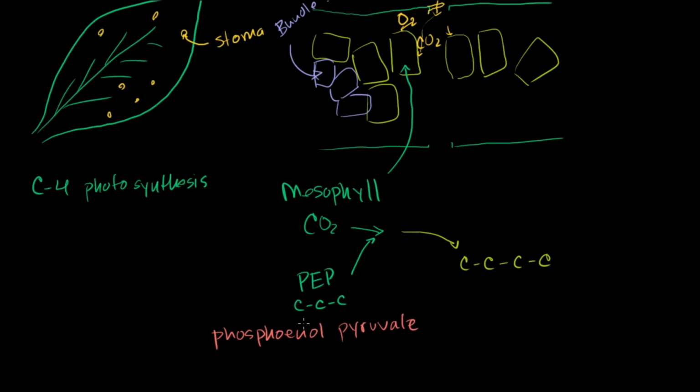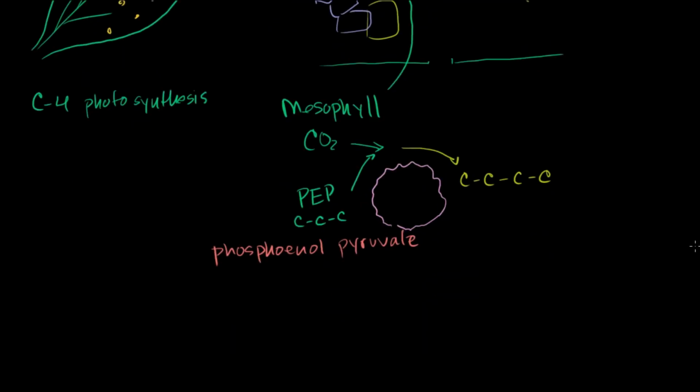And this reaction right here is facilitated not by Rubisco, ribulose bisphosphate carboxylase oxygenase. It's facilitated by a different enzyme. And this is the key for C4. This is called PEP carboxylase. Let me write it down. PEP carboxylase, and that's a fitting name.